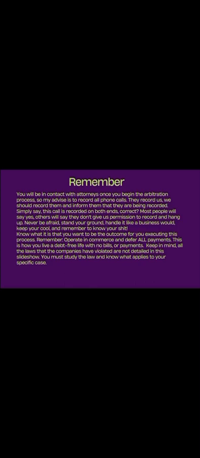Remember, operate in commerce and defer all payments. This is how you live a debt-free life with no bills or payments. Keep in mind, all the laws that the companies have violated are not detailed in the slideshow. You must study the law and know what applies to your specific case.